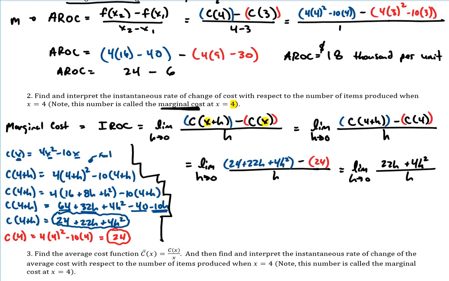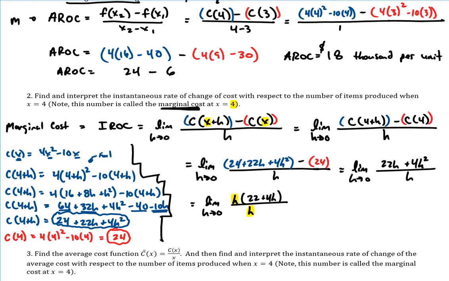All right, and then now, so we plug those in, we simplified this as far as we could. Now we want to factor and cancel. So the limit as h goes to 0 of, well, h is in common in the numerator's term, so I can take it out, and I'm left with 22 plus 4h over h. And then we can see that this h and this h would cancel.